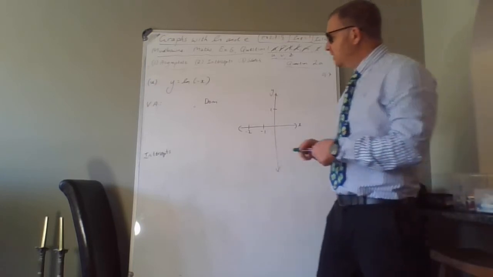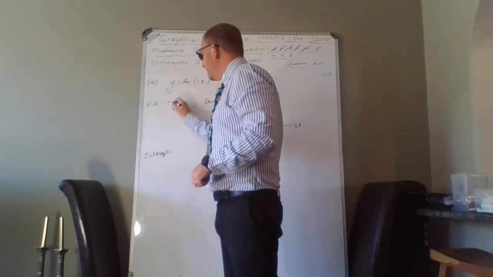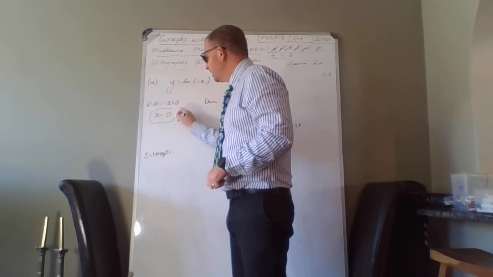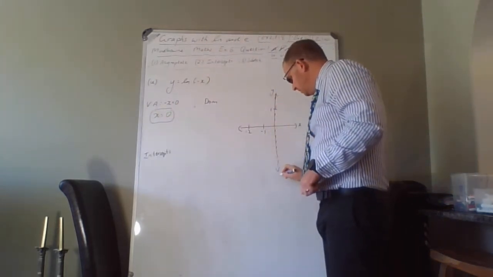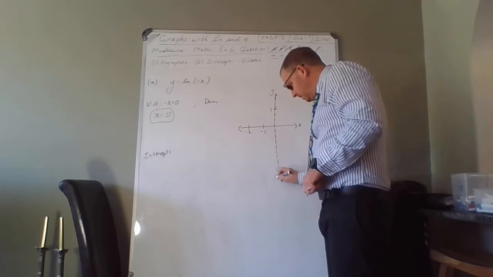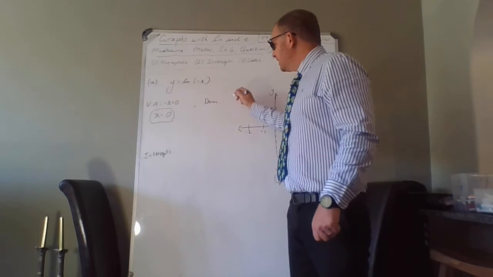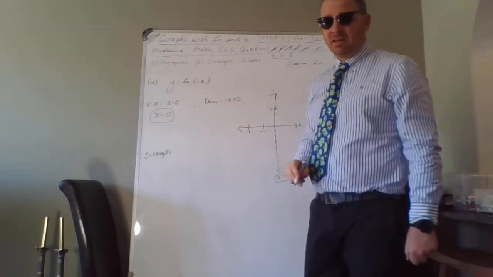So, your vertical asymptote happens where that is equal to 0, so in this case, where negative x is equal to 0, so your vertical asymptote is x is equal to 0. So there is your vertical asymptote, which is simply the y-axis. Your domain, what goes into a log function, which in this case is negative x, must be bigger than 0.